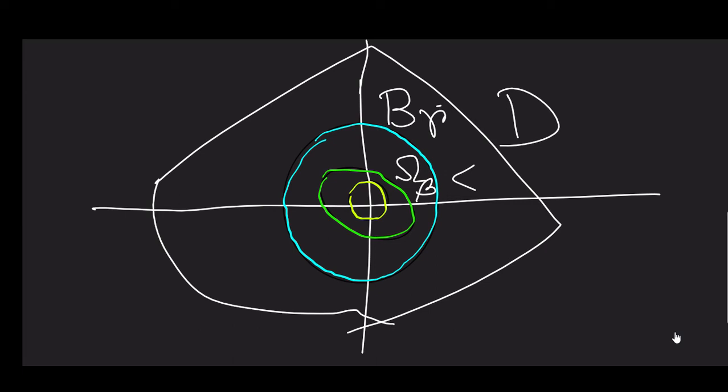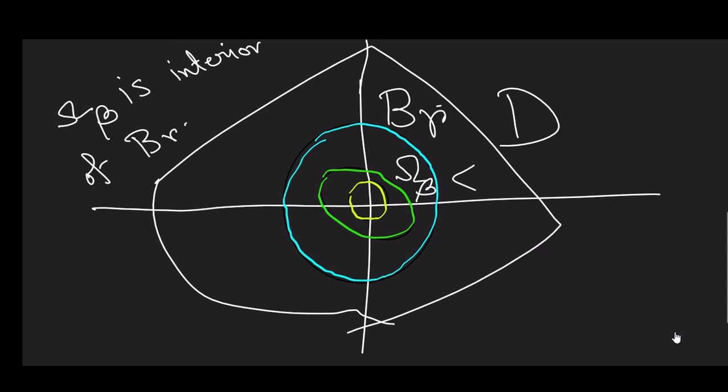Now this omega beta is the interior of this BR. How and why? Because BR is formed by all such x. Now you may have a problem digesting the fact that omega beta is the interior of this ball BR.